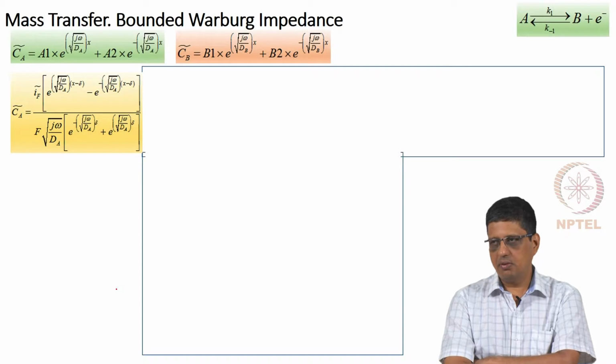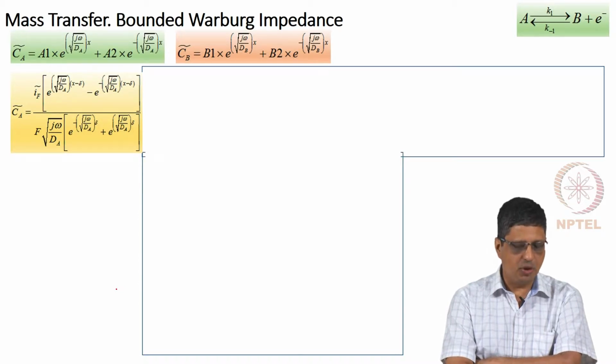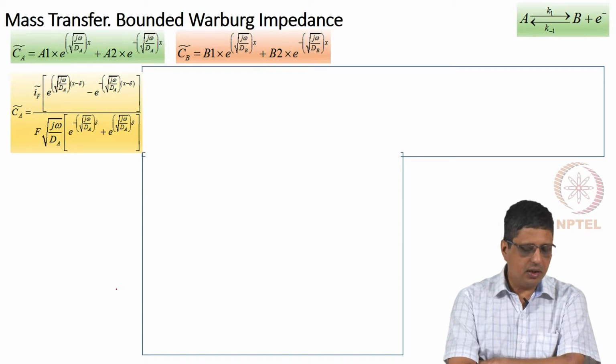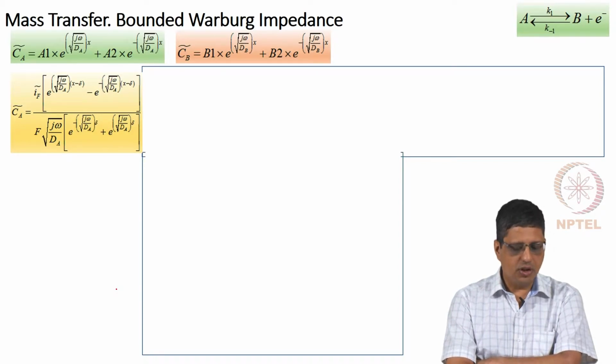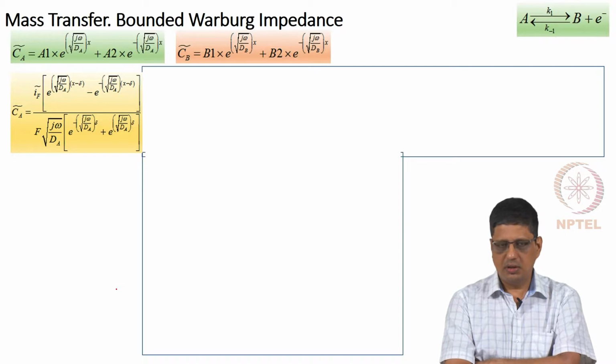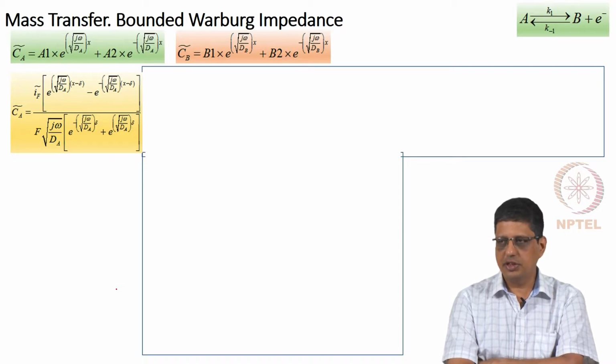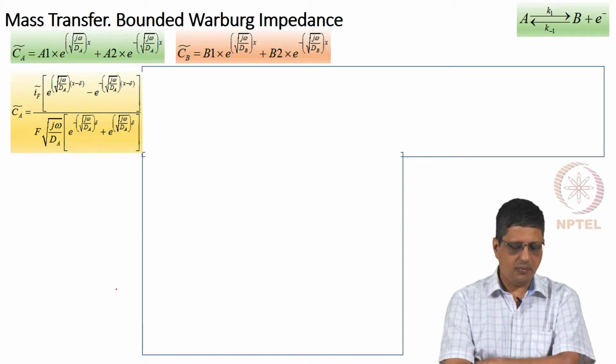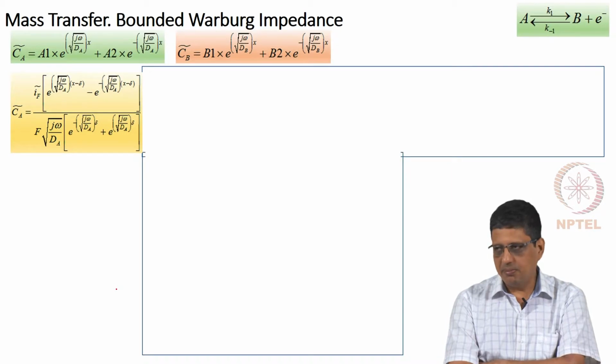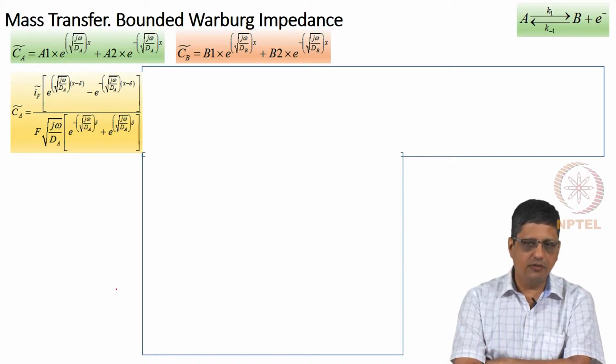So, the equation at least appears to be okay. When x equal to delta, you will get e power 0 minus e power 0, therefore, the numerator goes to 0, fluctuations go to 0. At x equal to 0, fluctuations are maximum. This is basically substituting for A1 and A2.